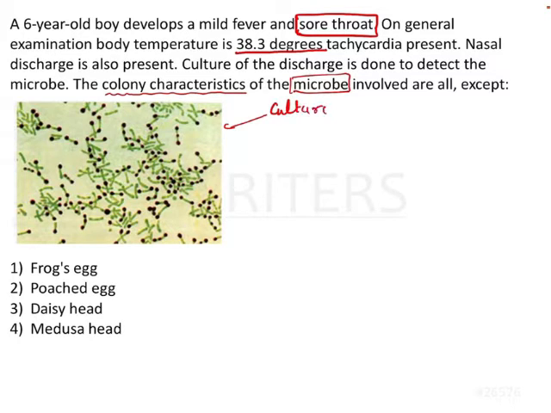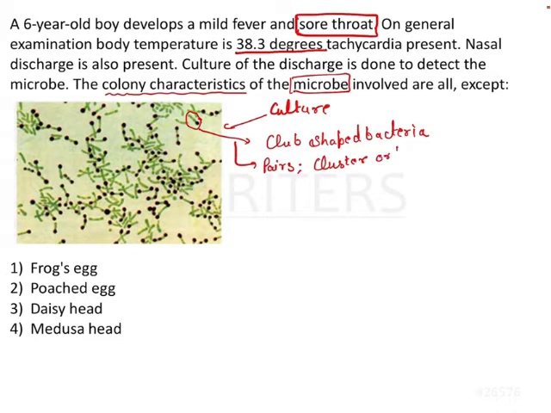Now if you try to understand here, you will be able to see that there are certain club-shaped bacteria. These can be seen in pairs, and most of the time they will be seen in clusters or patches.